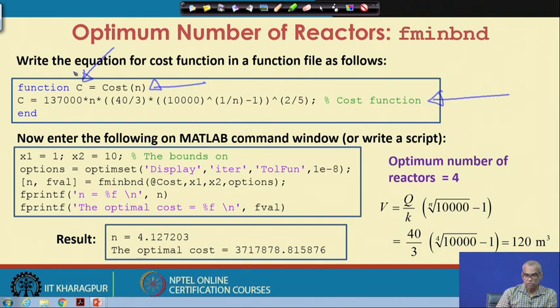Now, we are ready to call fminbnd solver for optimization. So, again you can write these statements on MATLAB command window, or you can create a script file where you enter these statements, save it, give a name and save it, and then run that file.